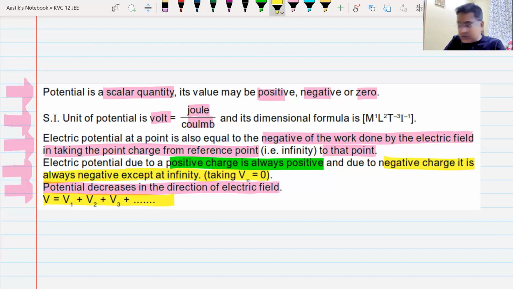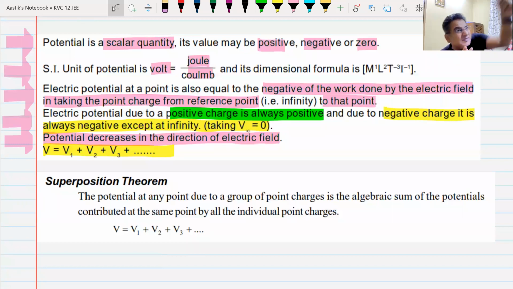We had seen the superposition theorem of electric field. You can also write the superposition theorem of electric potential. Since potential is a scalar quantity, you don't have to worry about directions, whether it is going like this or going like this. You just find the potential and add, because it's a scalar quantity. So you can just add it.